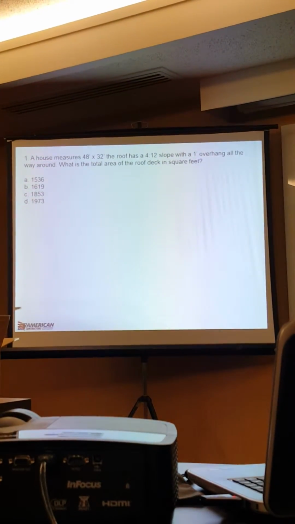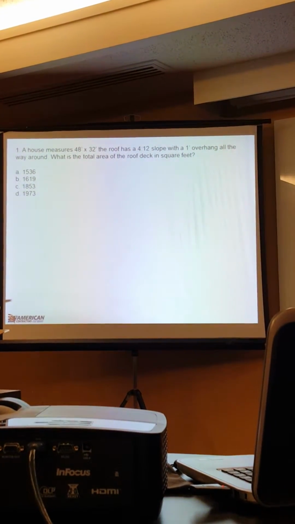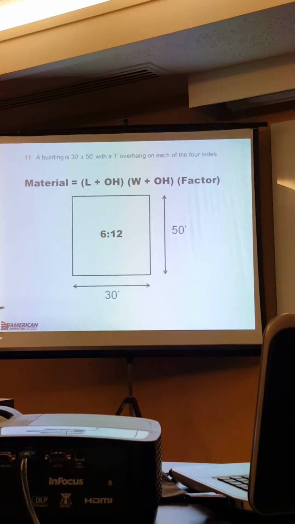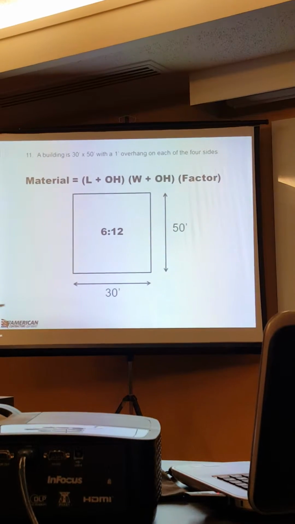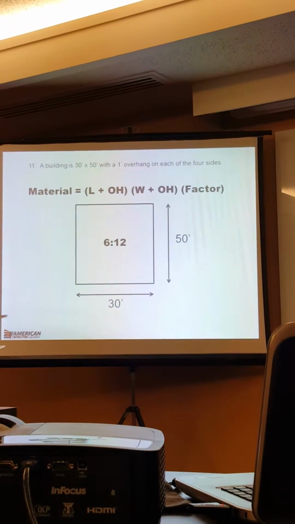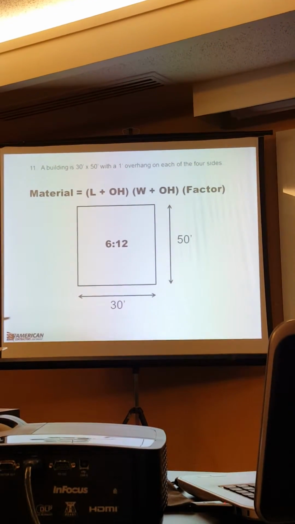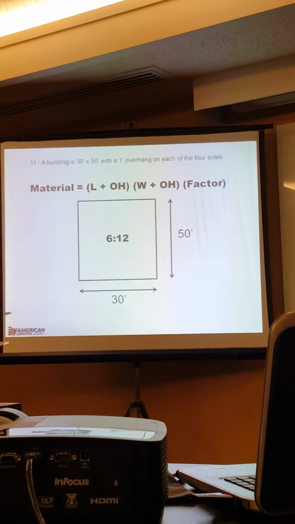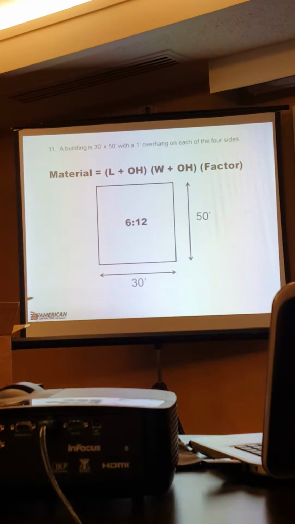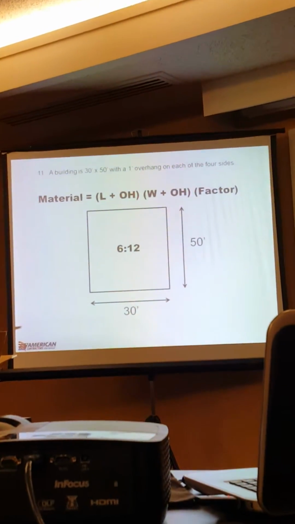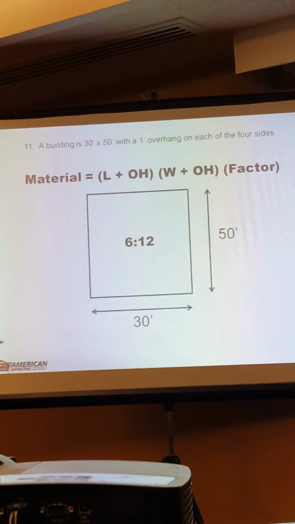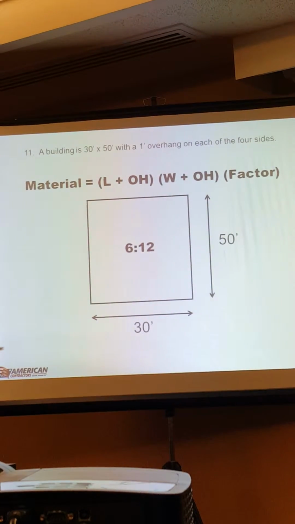Here it is right there. It says a building is 30 feet by 50 feet, with 1 foot overhang on all 4 sides, and a 6-12 slope, and they want to know how many squares, how many bundles, how many rolls of felt.